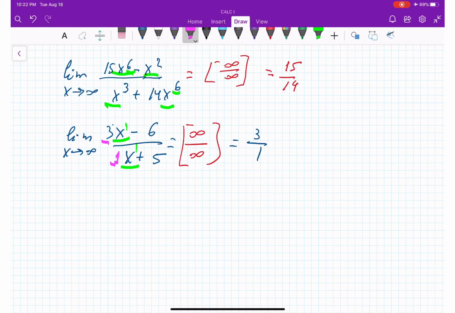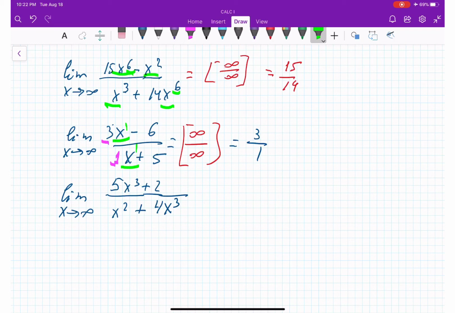One more to do better. I have the limit as x approaches infinity of (5x^3 + 2) over (x^2 + 4x^3).